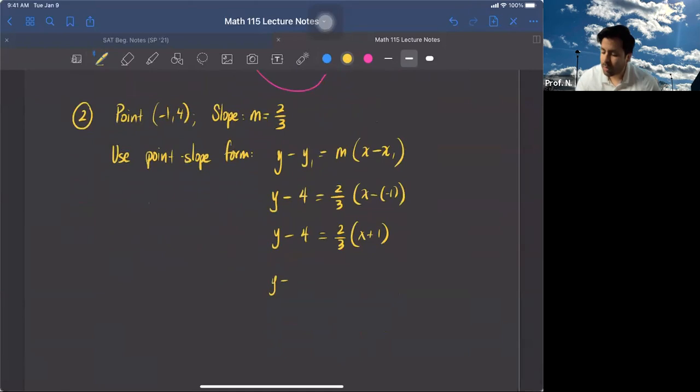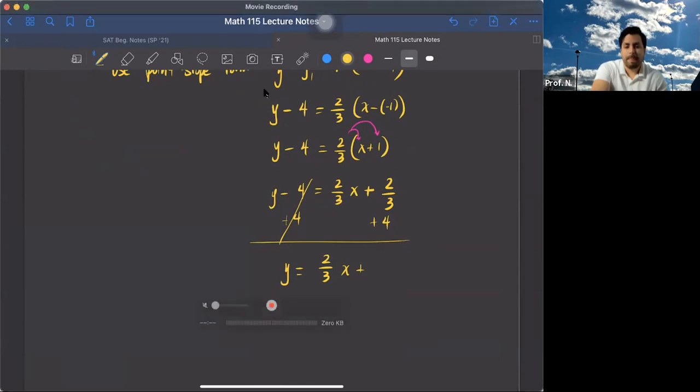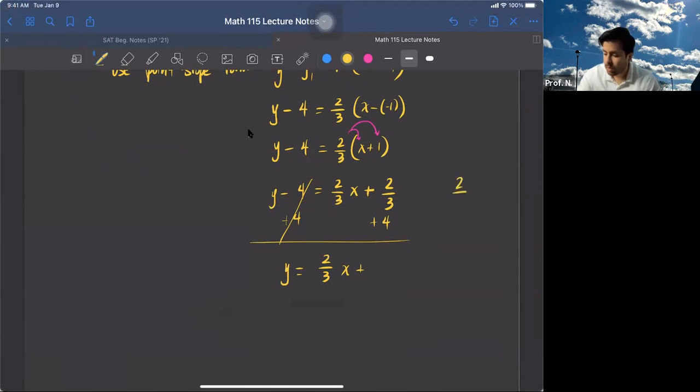Distribute the 2/3, I get y minus 4 equals 2/3 x plus 2/3, right? Because I distribute. And I'm going to add 4 to both sides. And I get that y is equal to 2/3 x plus, and then 2/3 plus 4, which is 14/3. So 2/3 plus 4, it's really over 1, right?